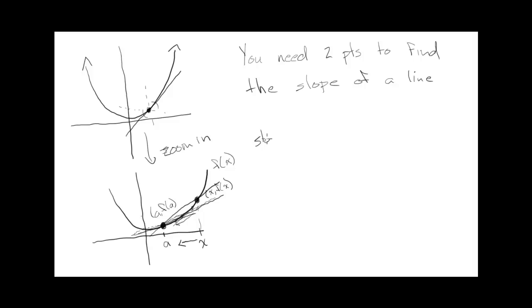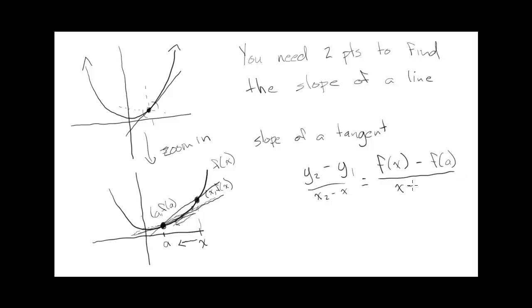So the way we're going to find the slope of a tangent will be the slope of this secant line. So that'd be y2 minus y1 over x2 minus x1, which is equal to f at x minus f at a over x minus a.